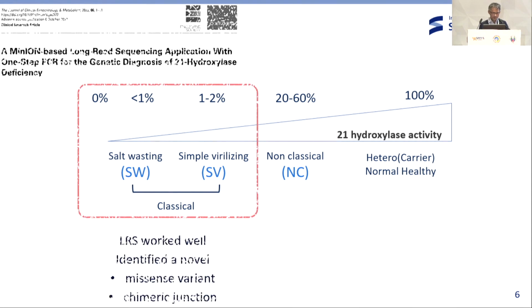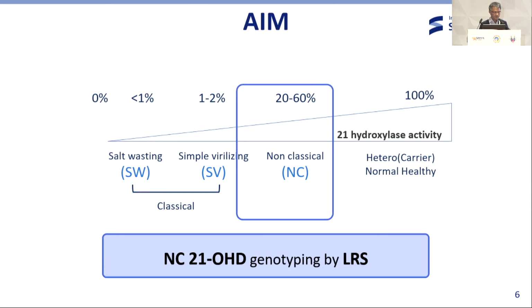Recently, we reported that for the classical type of CAH, this system worked very well and satisfactorily. We identified a novel missense variant and chimeric junction. So how about the NC type? The long-read sequencing system will give us deep insight into the genotypes of NC types.